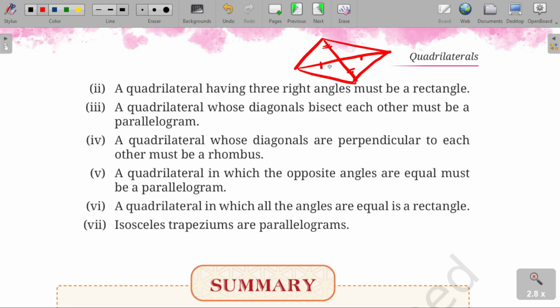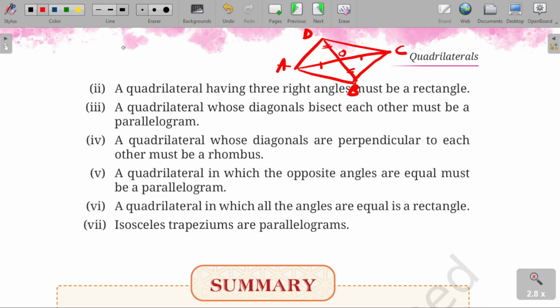For this we need to check whether it is true or not. Okay, so if they are bisecting, let's name this A, B, C and D, and say the center is O.